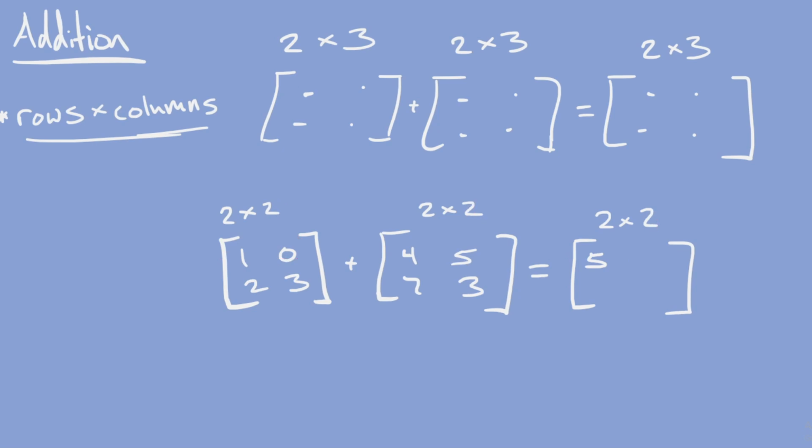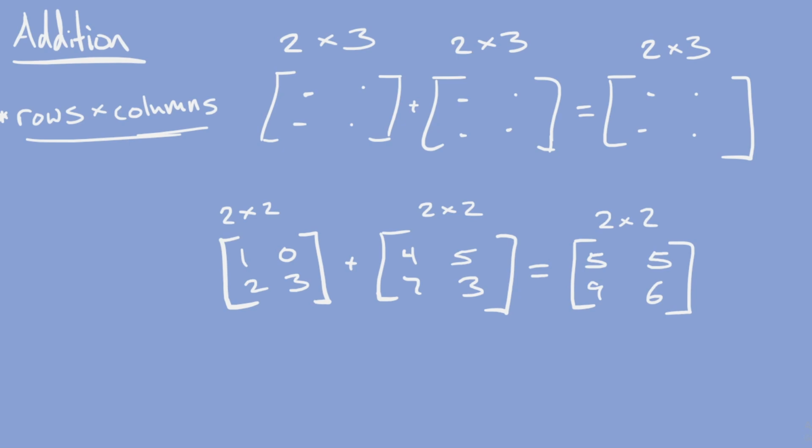So we have 0 plus 5, which is also 5. And then if we're looking for this value here, it'll just be 2 plus 7, which is 9. And then the final value will be a 6. It's pretty simple. There's not much to worry about other than the fact that they need to be the same.